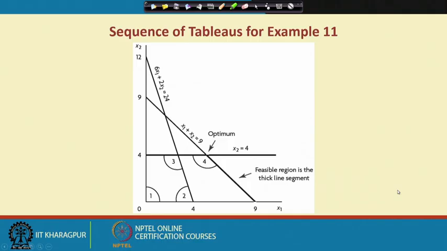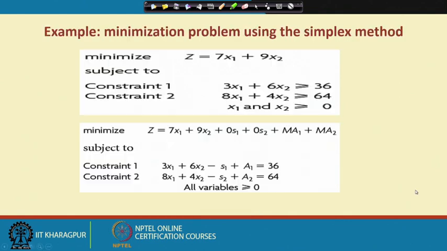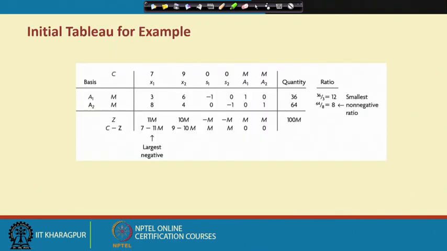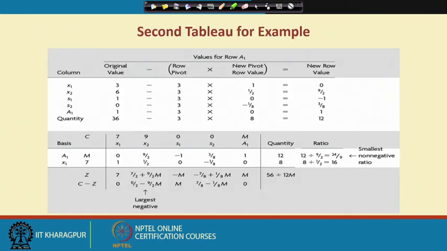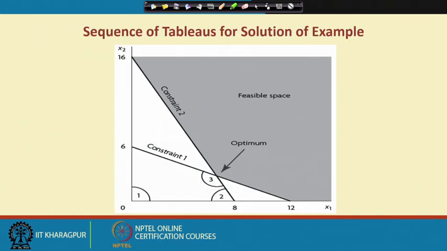Likewise, we have different structures through which you can look at the solution, and to verify this one, since it is a two-variable case, you can also verify it graphically. This is another problem to which the simplex method can be applied to find the solution as per the business requirement.